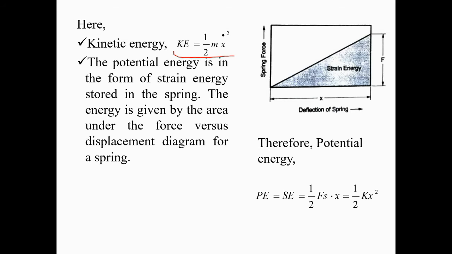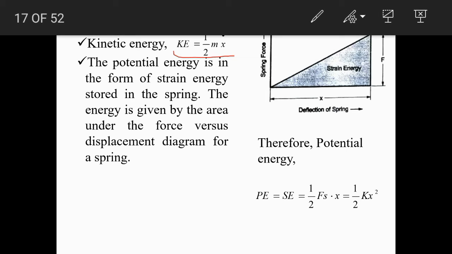Now potential energy is in the form of strain energy, which is stored in the spring. To find out strain energy, we need to study the force versus deflection diagram. Here we have assumed that spring behaves linearly, so that's why the force versus displacement diagram is linear.